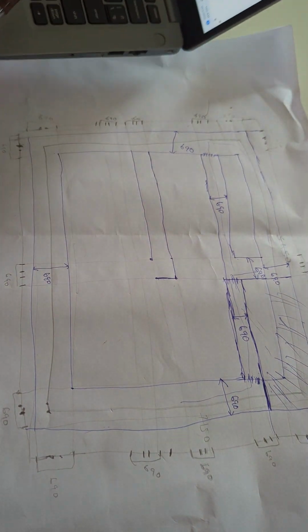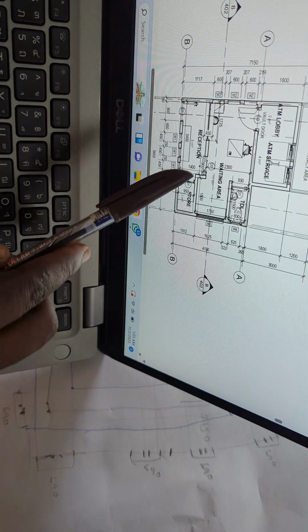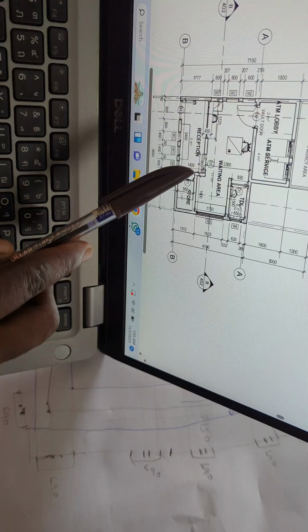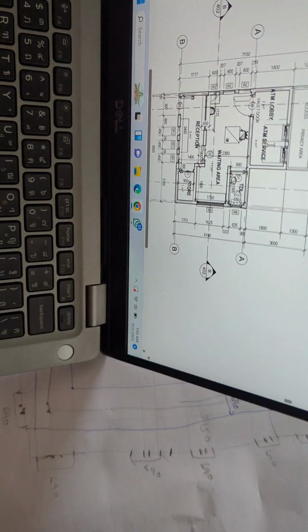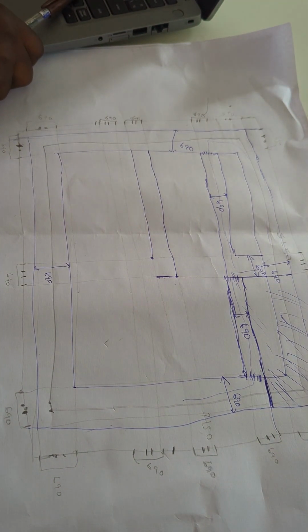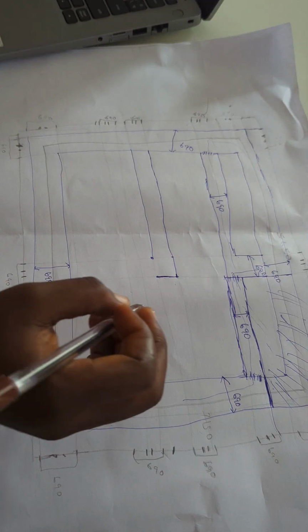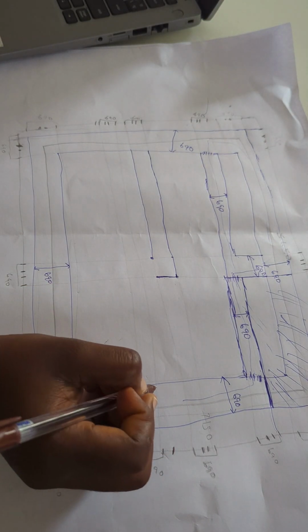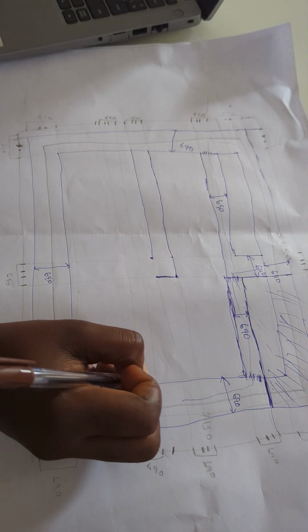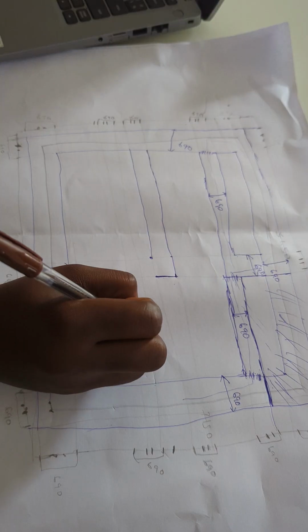So see where it's ending. It's ending here. This is ending here. This one coming here is ending here. So what you are going to do now is to bring this line out. That's this.